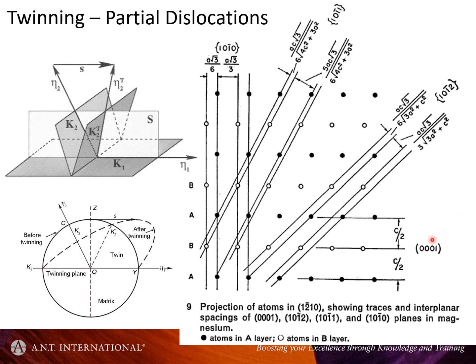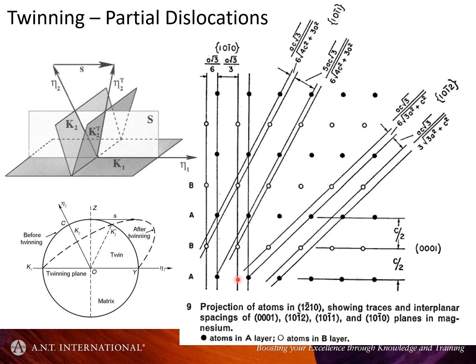Here we're looking down planes of atoms. We're looking at the A layers, looking along the 1,1 bar 210 direction, and the black atoms denote the A layer, and the clear ones the B layer, and these pairs of lines here denote the planes.